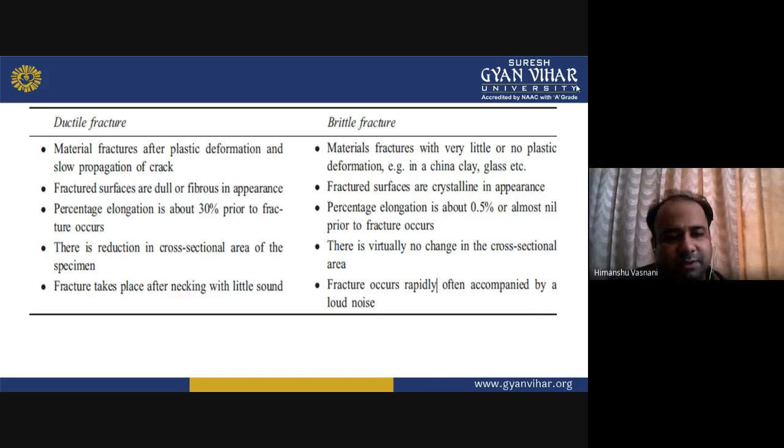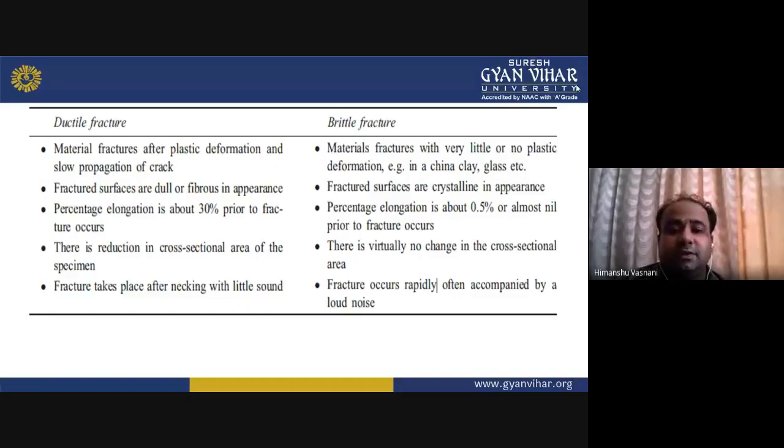Next, in ductile fracture, the percentage elongation is about 30% prior to fracture, whereas in brittle fracture the elongation is about 0.5% or almost nil prior to the fracture occurring.